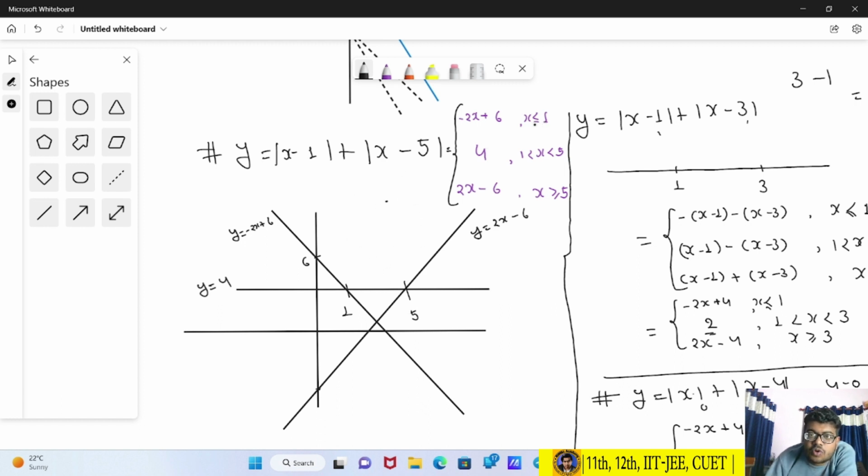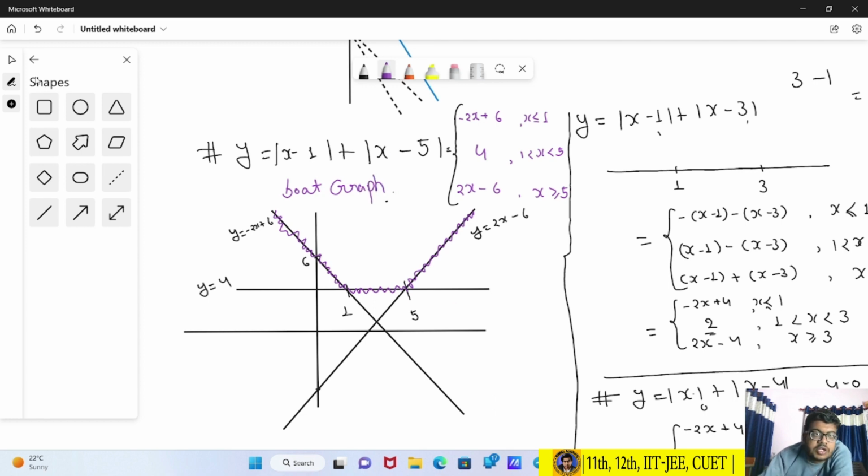When x is less than or equal to 1, we take this graph. Between 1 and 5 we take y equals 4, and greater than 5 we take 2x minus 6. This graph is called the boat graph.